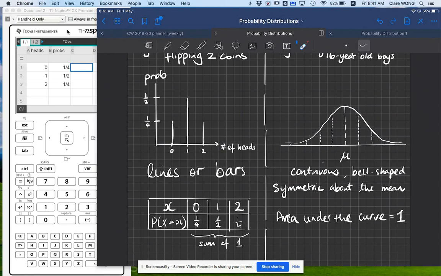Over here, you have all continuous values forming a curve. But no matter what, the area under here is 1, and the sum of these bars must also equal 1, because all probabilities add up together to equal 1.